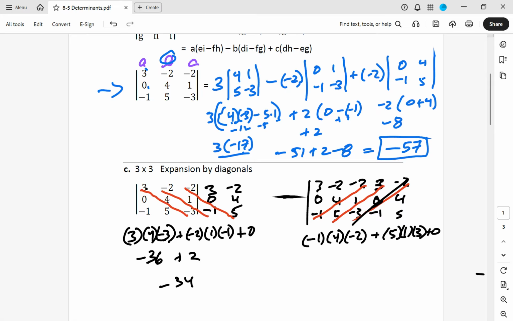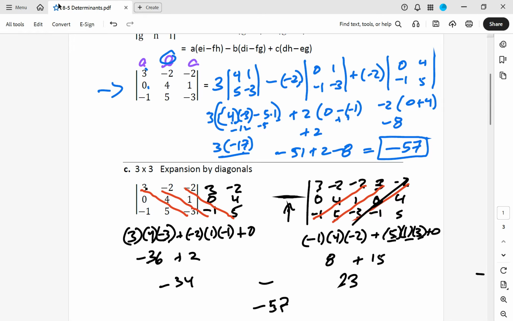So that's negative 1, 4, negative 2. That's positive 2 times 4. It looks like that's an 8. And this one here is 5 times 1 times 3, which is 15. That's a 23, but it's minus. So it's negative 34, take away 23, which is negative 57. And that's the same thing that we just had above.